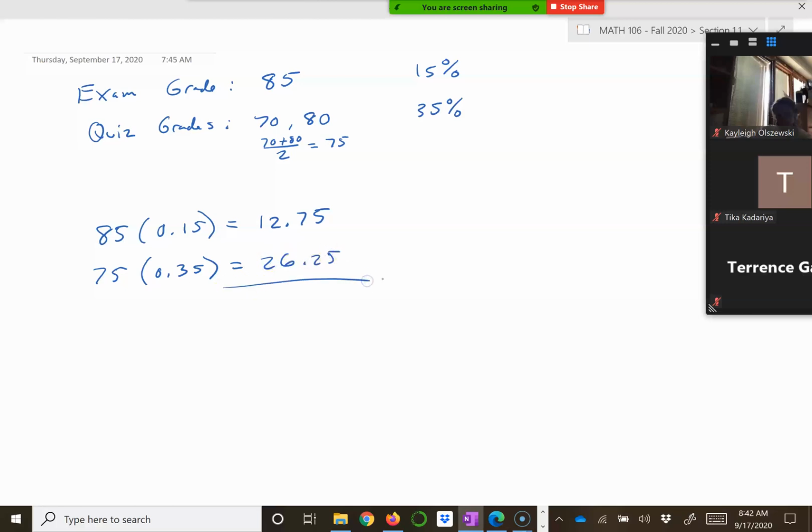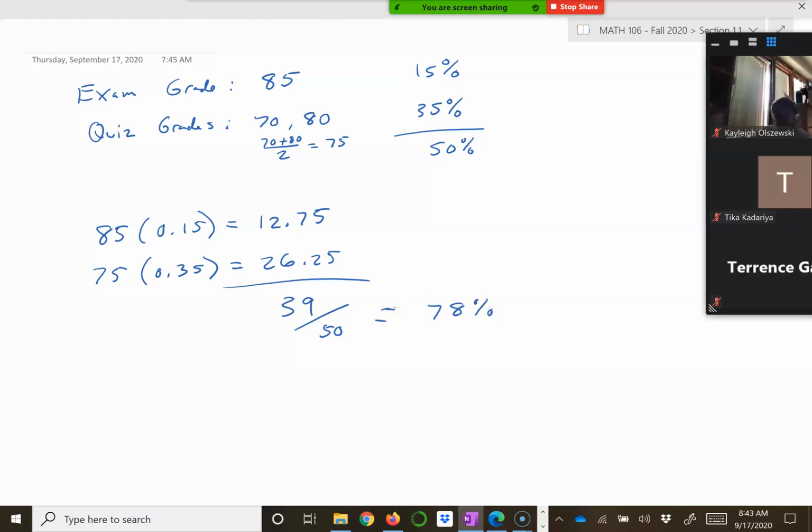Now you add up these two numbers, 12.75 plus 26.25, and you get a 39. That's not a 39% out of 100. That's 39 divided by the percent we started with, which was 50%. So it's 39 divided by 50, and our final average as of right now with these fake grades is a 78%.